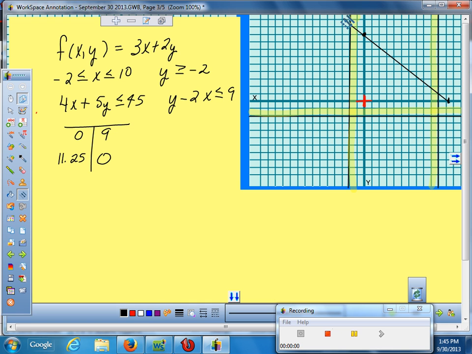Okay, but this one, you can probably guess where you hope it shades, but we better make sure that it shades in the direction we want.